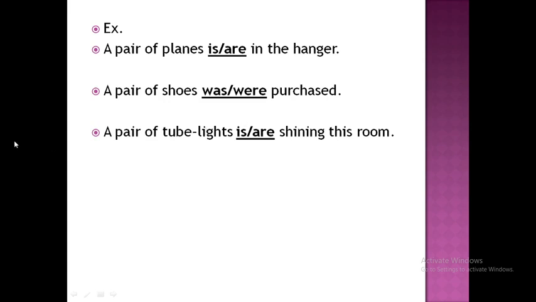So the rule says, if the phrase a pair of is used in a sentence at the place of a subject with nouns, those nouns never decide the verb, whether they are in singular or plural. We always keep the verb as per the combination a pair of, because it guides us to the sense of singularity.